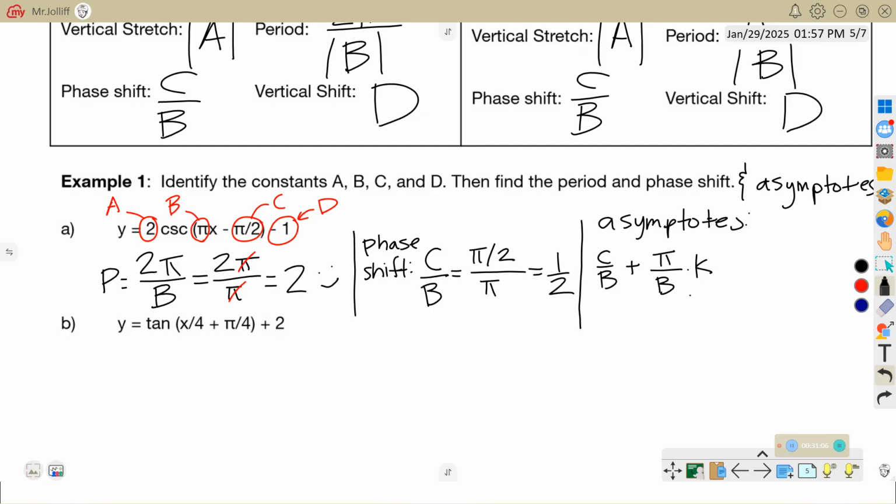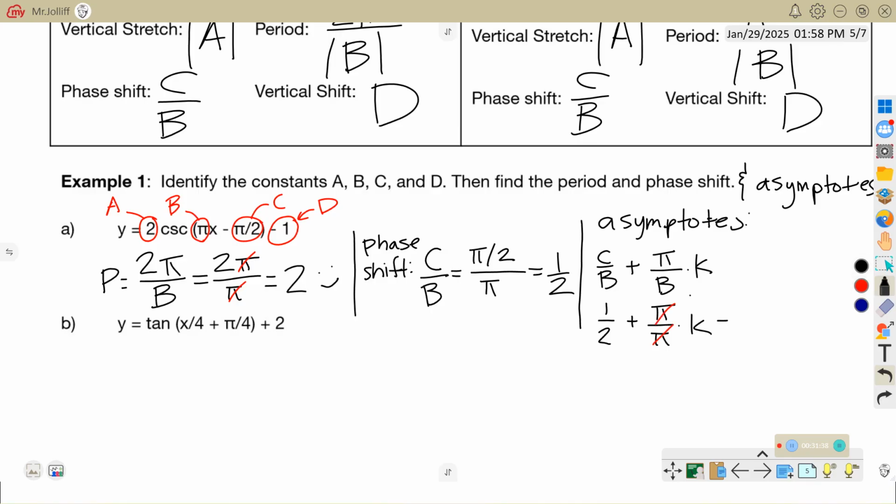So I shift, and then I squish them together or squish them apart, two pieces. We know what C over B is. C over B is 1/2. We just did that one. So 1/2 plus, and then pi over B times K. B is pi, yeah? I'm not losing my mind. And pi divided by pi is 1.